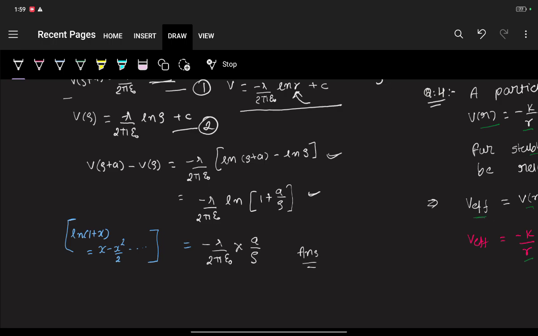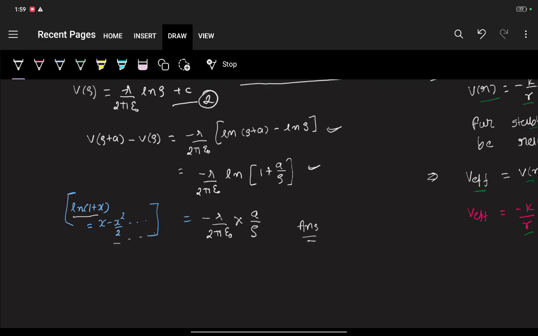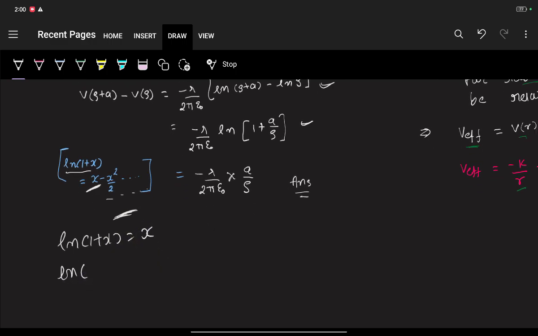But we know that we can write ln(1+x) as x - x^2/2. Basically in x we are expanding it, okay, but in the question it was given that, okay, so we will just take the first term. So we can write ln(1+x) = x, and if ln(1+a/ρ) is given, we can write it simply as a/ρ. So here ln(1+a/ρ) was given, so we can simply write it as λ/(2πε0) times a/ρ. So this will be the answer.